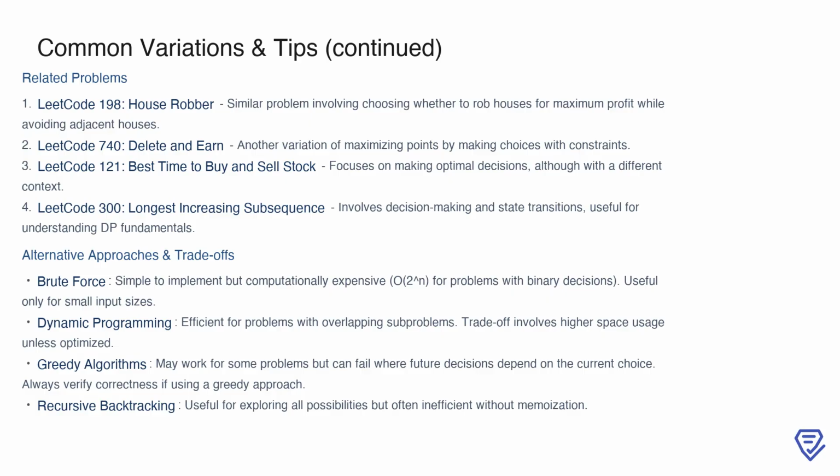Greedy algorithms can sometimes work, but they're risky for problems where future decisions depend on earlier ones. Always verify correctness when using this approach. Recursive backtracking is helpful for exploring all possibilities, but without memoization, it often becomes inefficient. Understanding the trade-offs of these methods will help you choose the best approach for a given problem and set of constraints.